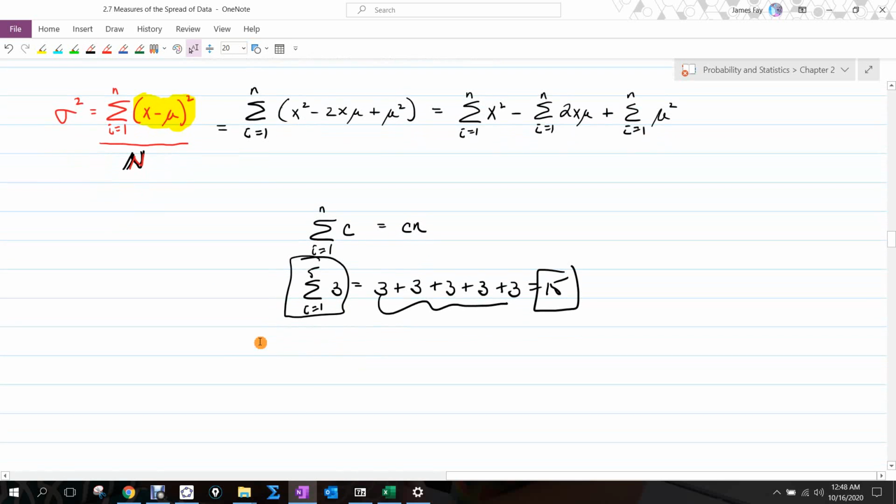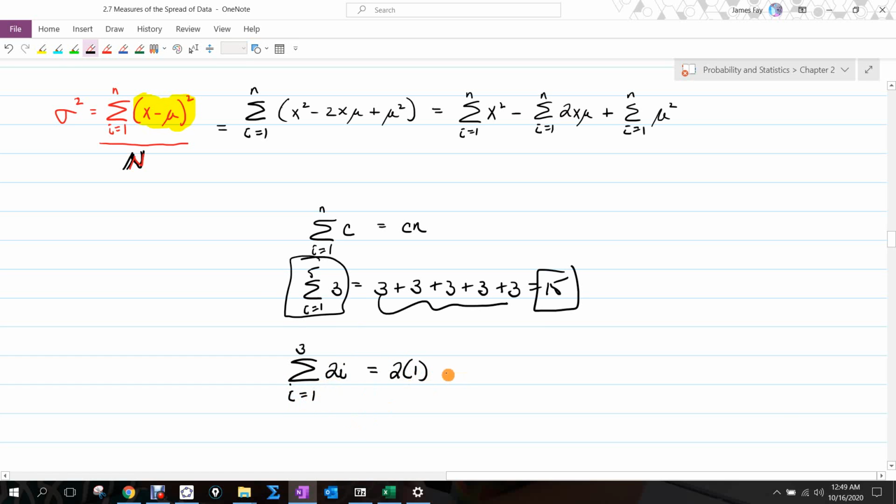Another rule is, let's say I look at i equals 1 to 3, we'll make it a little bit easier, and then say 2i. It doesn't matter. It tells me that when i is 1, I'm going to have 2 times 1.